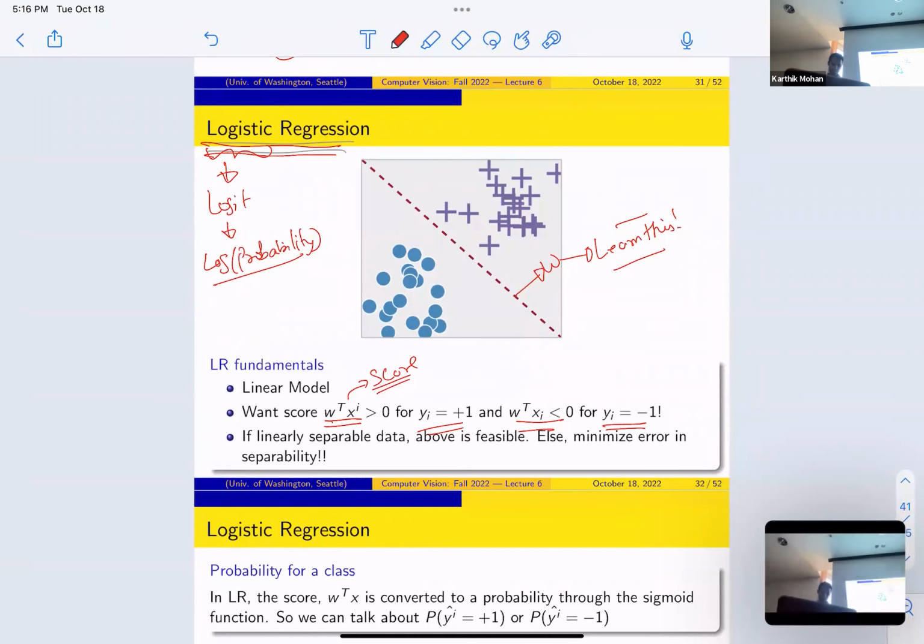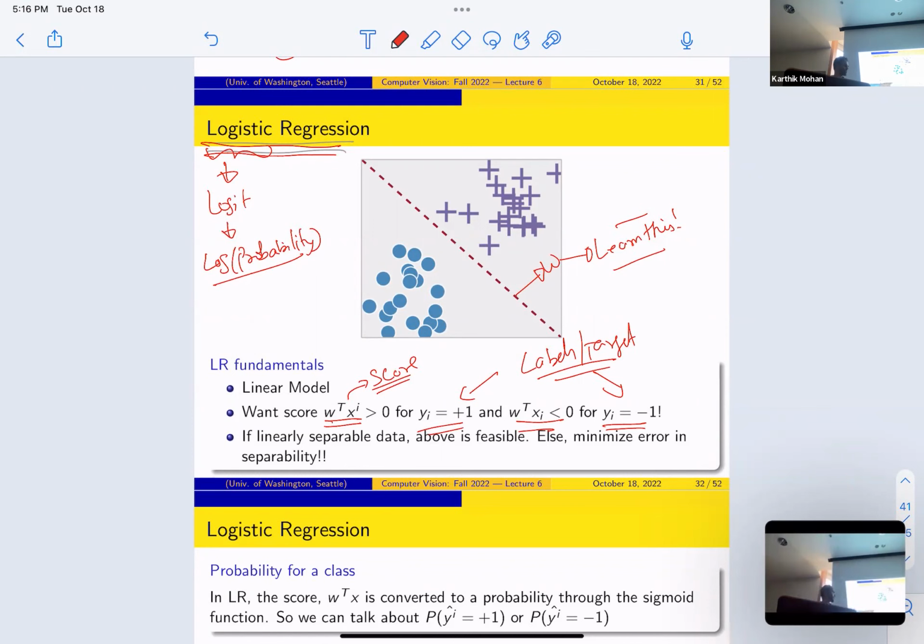So then you give these labels, right? So you want this model, logistic regression, to give you a positive score if it's plus 1, and a negative score if it's negative 1. Then it's able to perfectly classify every single data point. Or if it's not linearly separable, almost linearly separable, then you want the model to be in this scenario for most data points.